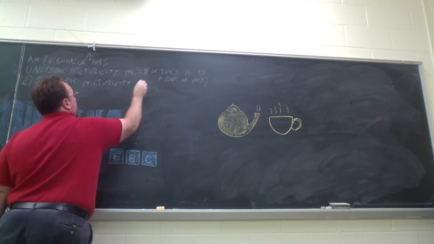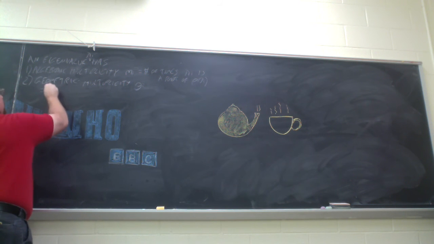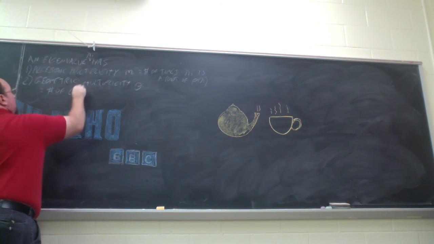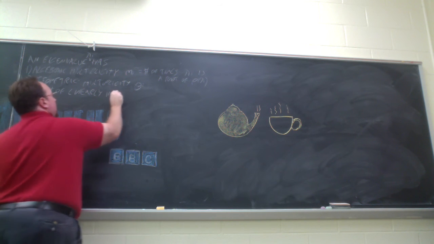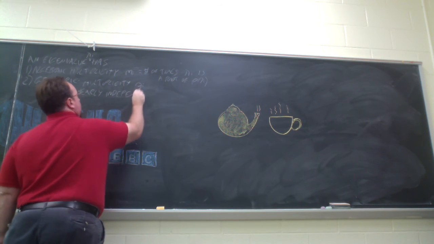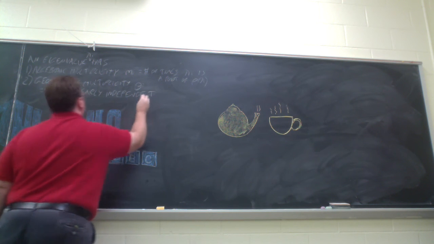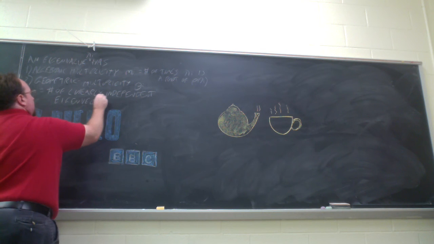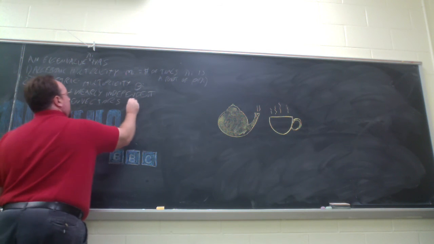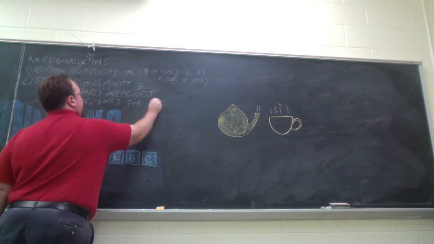The geometric multiplicity, called G I, is the number of linearly independent eigenvectors that you can associate with this eigenvalue.